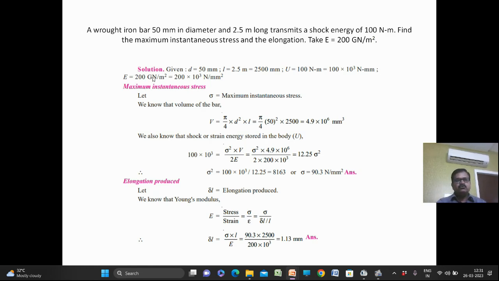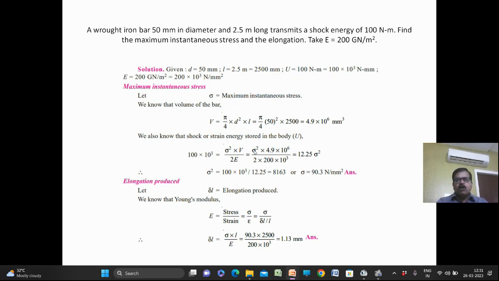Young's modulus is 200 giganewton per meter square, which is the same as 200 into 10 to the power of 3 megapascal or Newton per mm square. First let us start with the maximum instantaneous stress or the impact stress. To calculate that we use the expression that the strain energy is equal to sigma square by 2E into volume. The strain energy is 100 into 10 to the power of 3.